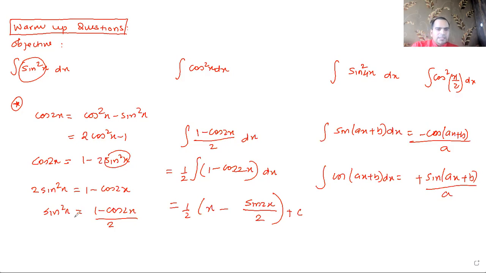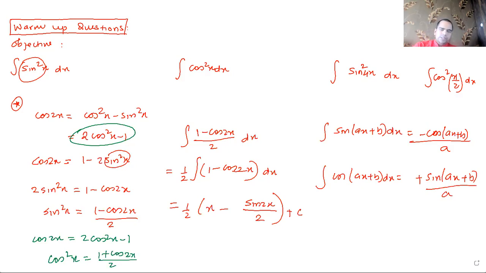Similarly, when you get the integration of cos squared x, like for example the next one, I'm going to take a different color, I will use this identity. If I make cos squared x the subject from here, we get 2 cos squared x minus 1, so cos squared x will be 1 plus cos 2x over 2.